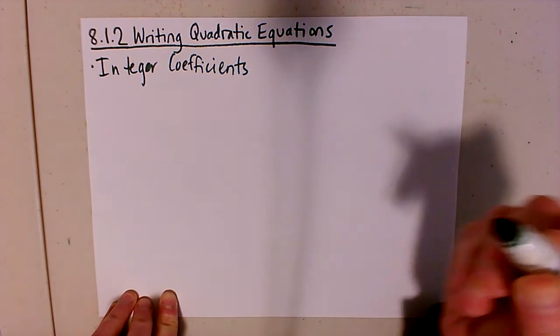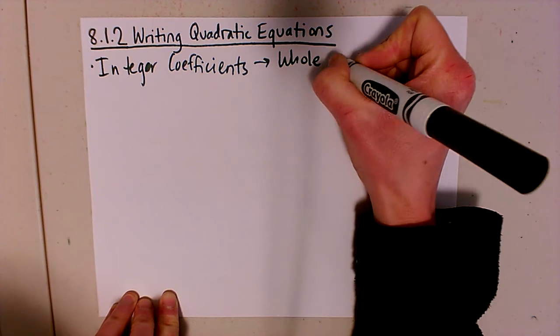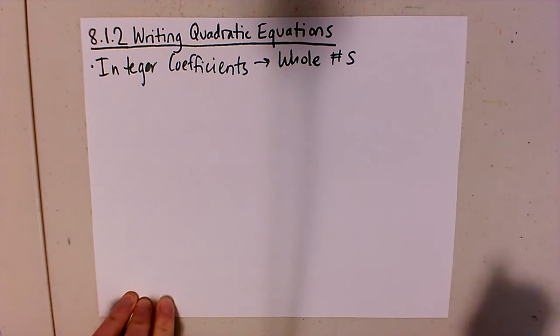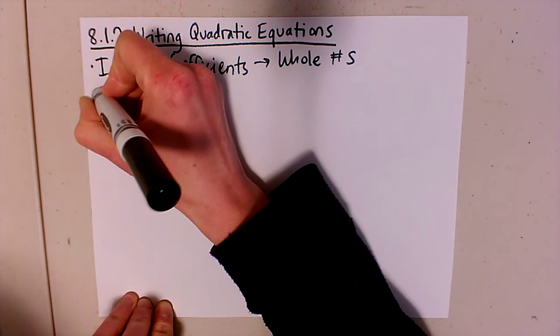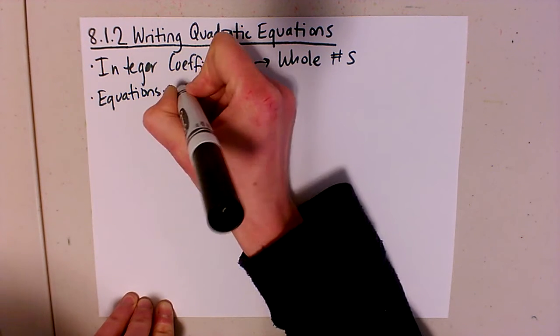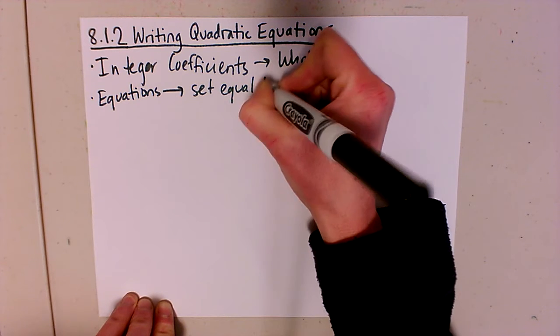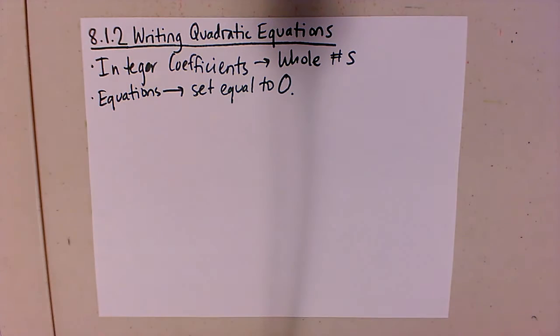That means our coefficients are going to be positive and negative whole numbers. And we're writing equations, so the whole answer has to be set equal to 0. It's not correct until you've gotten it set equal to 0 at the end.